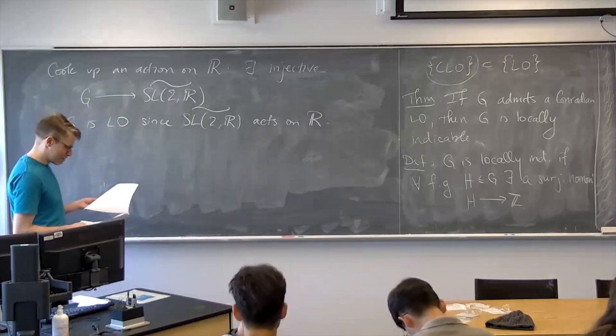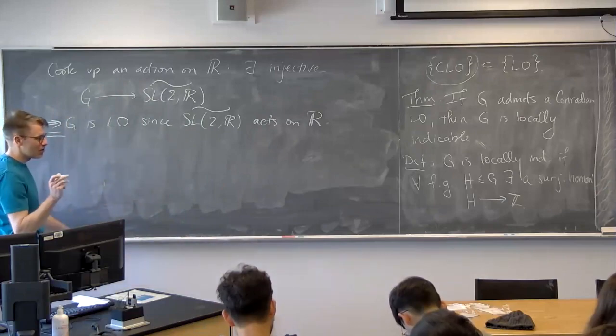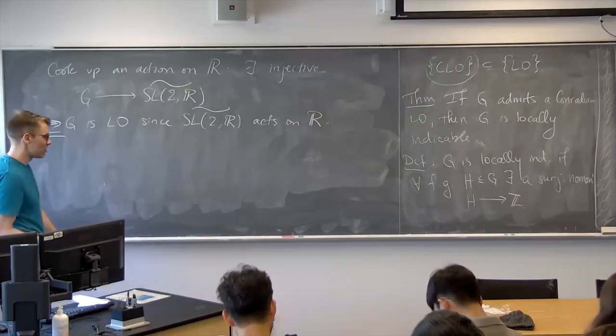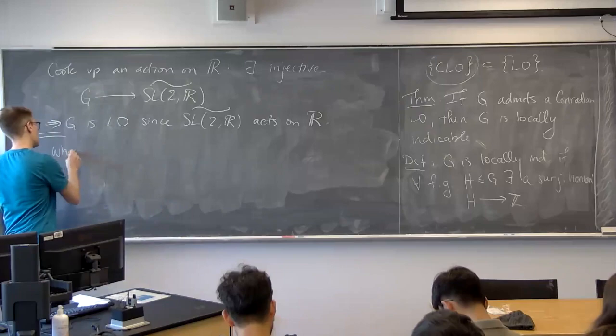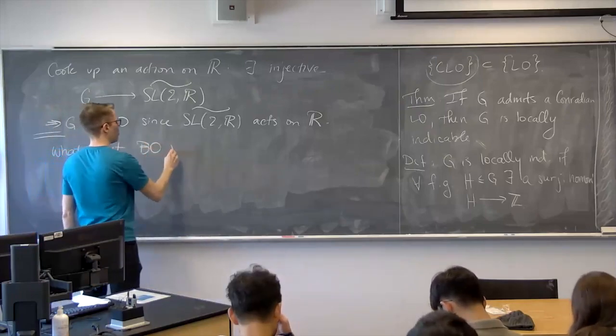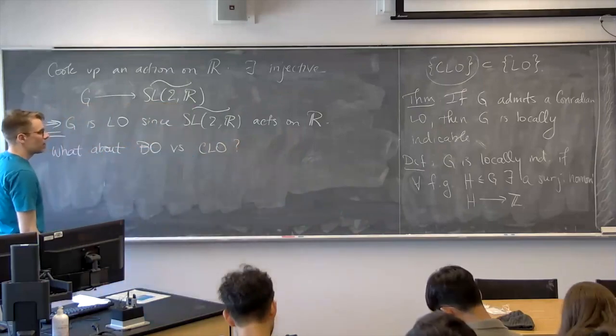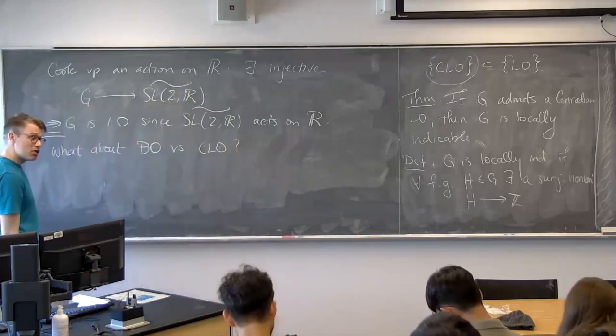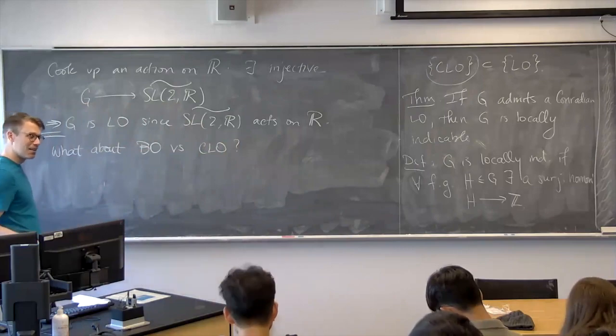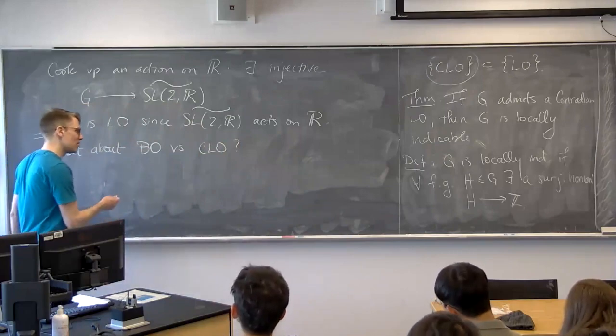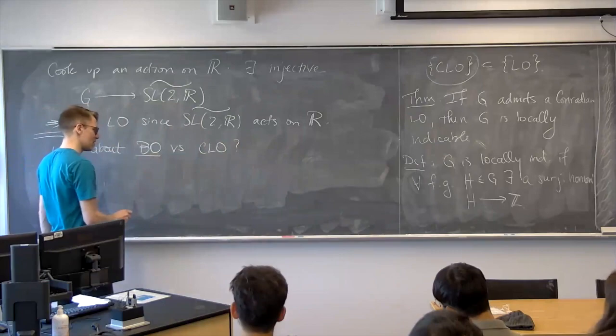So now the place that we've arrived at that is a little bit challenging is this. What about biorderable versus Conradian left orderable? Because from the definition that we have, it's not really obvious that these should be related at all, because biorderable is something about elements, right?